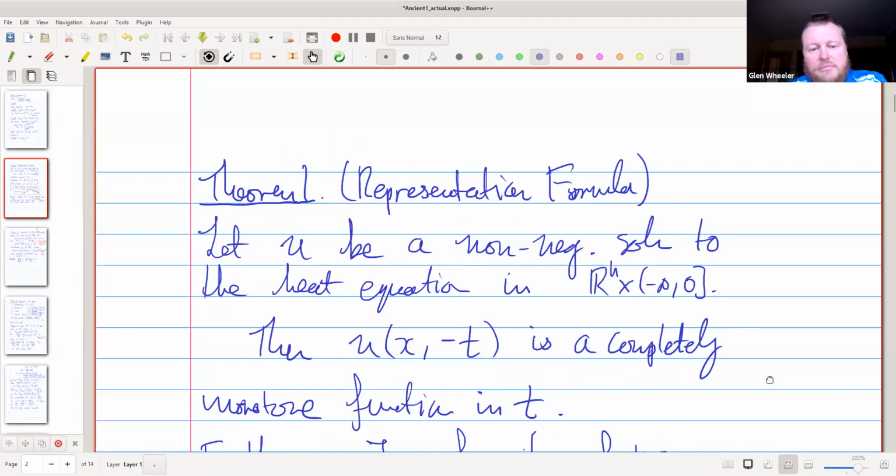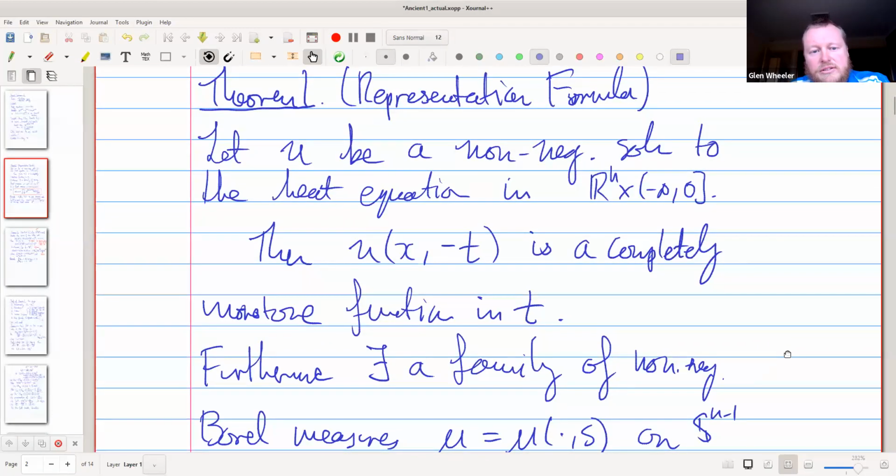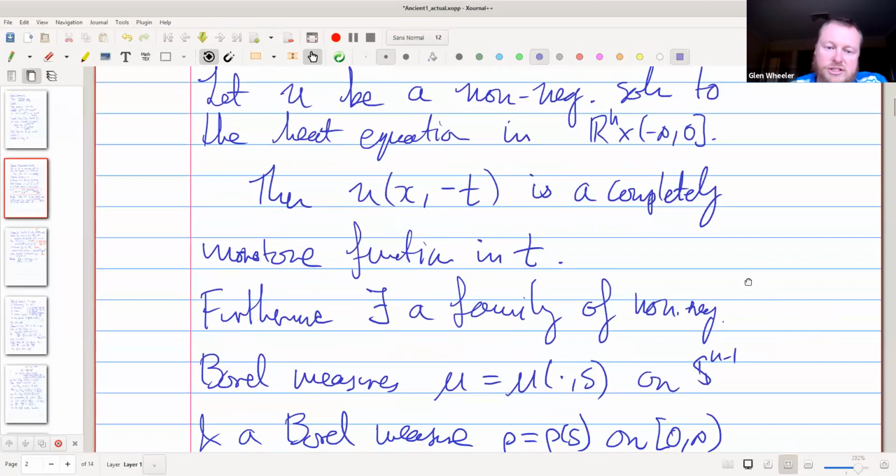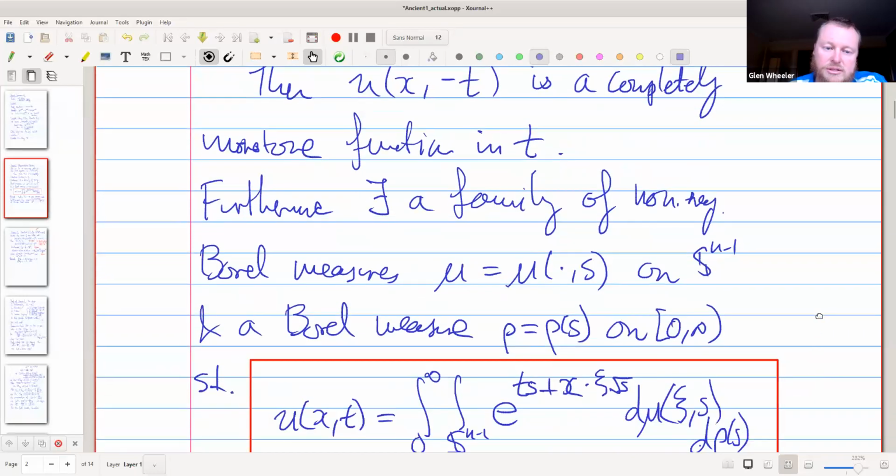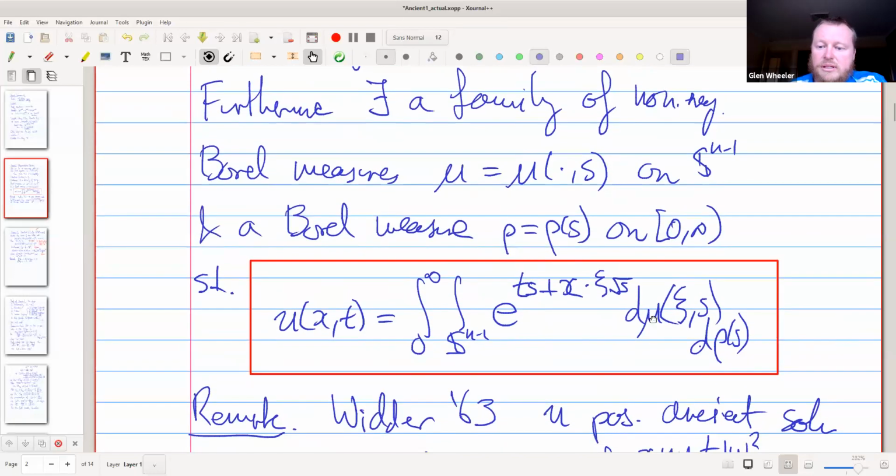Here it is, the theorem. So take a non-negative solution to the heat equation. It's ancient. And you get this family dμ of s, which are just Borel measures on S^(n-1), and non-negative Borel measures on rho in time. And you get this formula. That's what I'm trying to do.